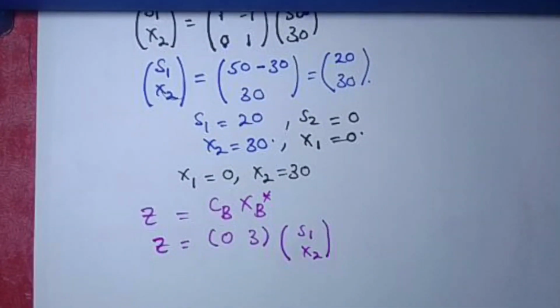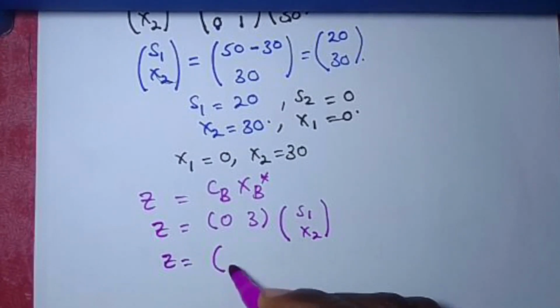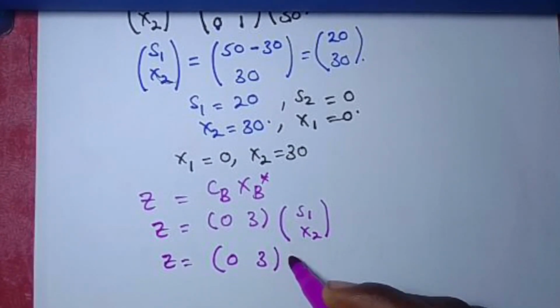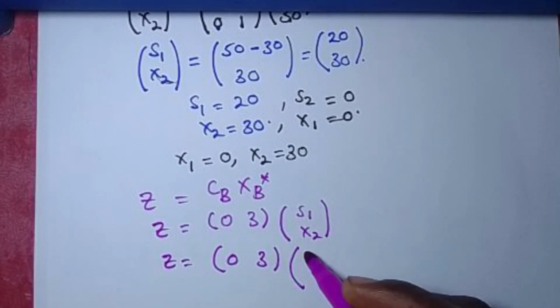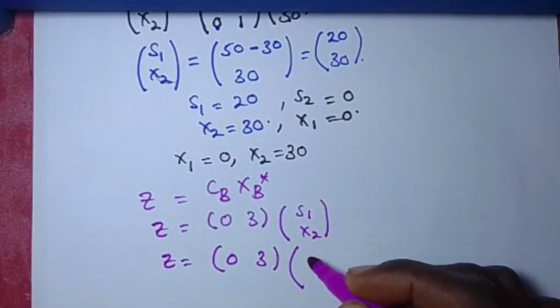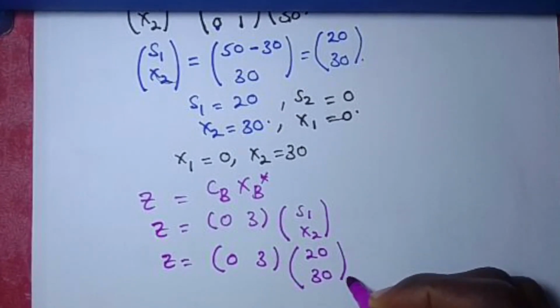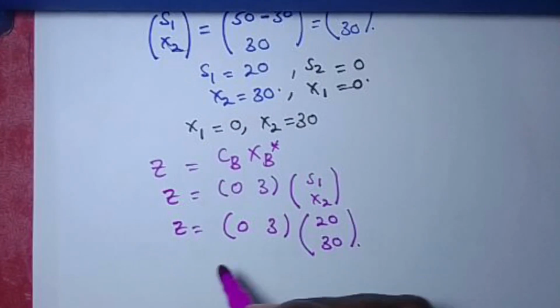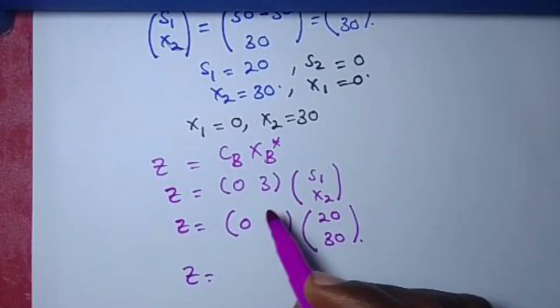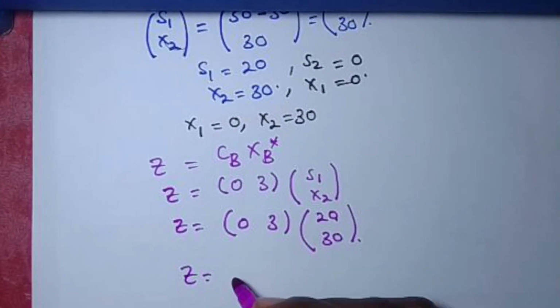But since we have the values of S1 and X2, we shall substitute. So Z will be equal to 0, 3 into S1, which was 20, and X2 was 30. Multiplying through, we shall have that Z is 0 times 20, which is 0, plus 3 times 30, which gives us 90.